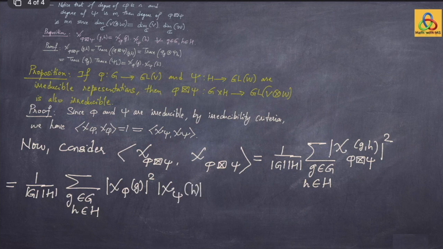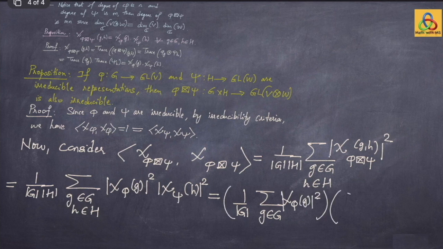But now you see that this is simply this product: 1 by order of the group G, summation g in G, chi phi of g mod square, times a similar expression for H, 1 by order of H, summation little h in H, chi psi of h mod square.